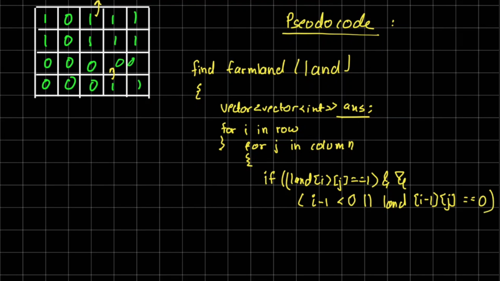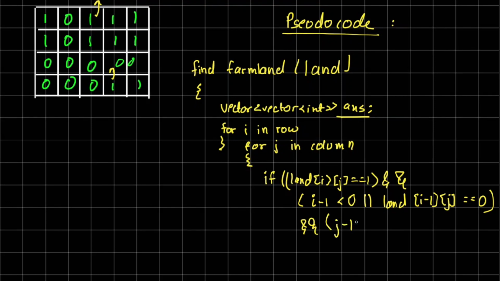As we can see here, we are not separately checking out of bound, as if this condition is true, it will move inside and not check the other condition, so it won't give us a runtime error. And now we will check the left cell.